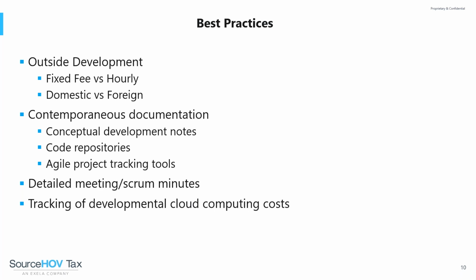The first thing that we see often is outside development. So anytime that we hire someone that isn't part of our company, and whether we pay a 1099 or pay an invoice that's issued by an outside entity, there are some issues that we need to make sure lean one way or the other.